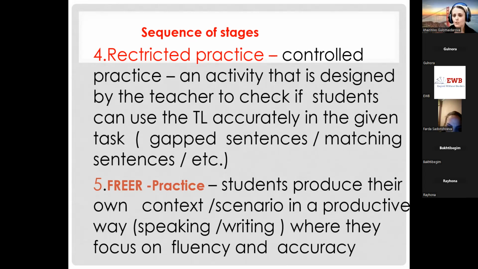So here, you check. The teacher's task is to monitor and see if students got the grammar correctly, and make sure they understood it and will not make mistakes at that stage.